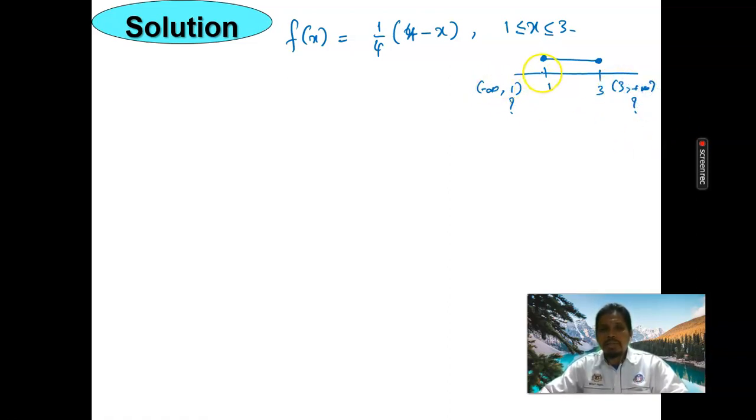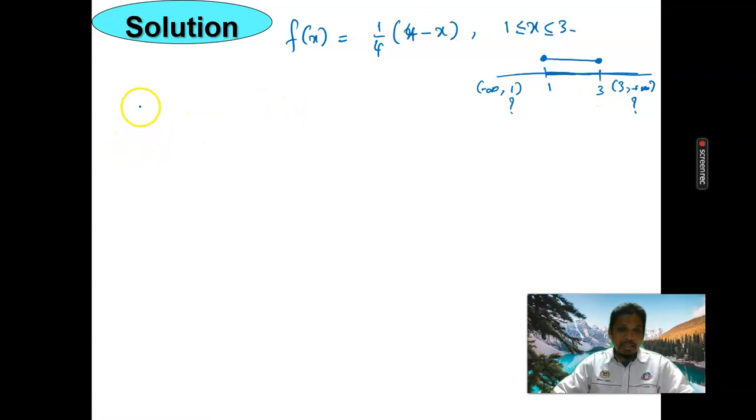In this domain, from negative infinity until 1 and from 3 to positive infinity, the function is equal to 0. There's no function in this domain. There's only a function from x equal to 1 until x equal to 3.